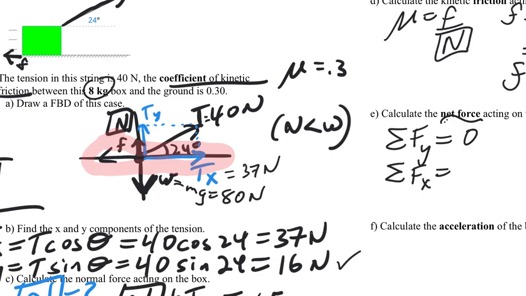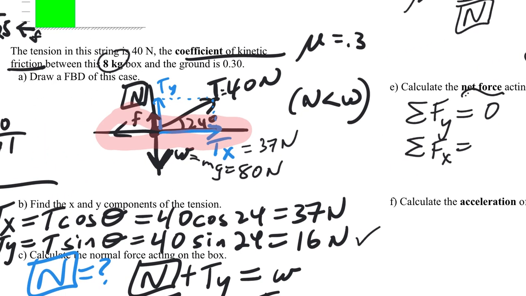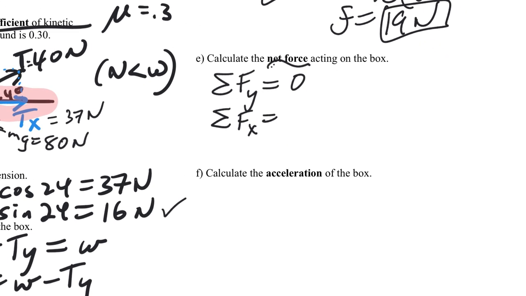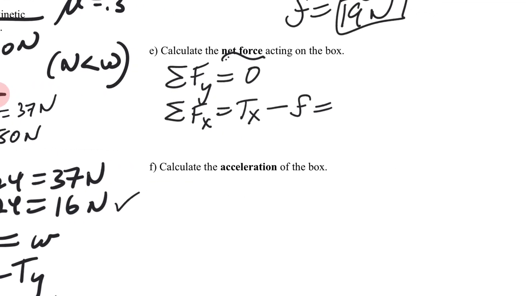And the friction we just found to be 19. So which one's bigger? Tx or friction? Tx. 37 is bigger than 19. So it'd be the x component of the tension minus the friction, which would be 37 minus 19, which is 18 newtons.